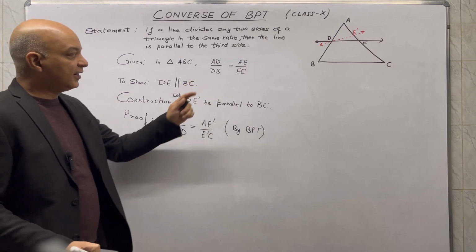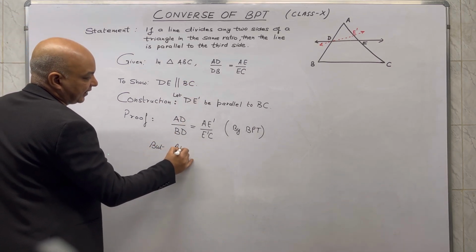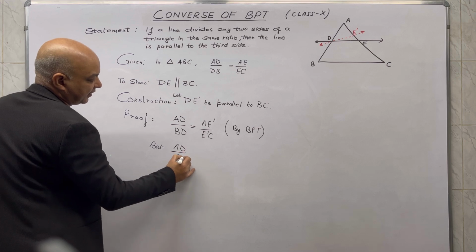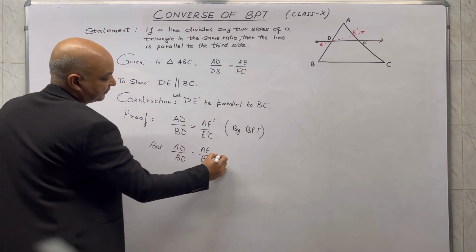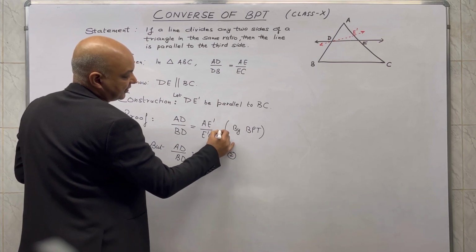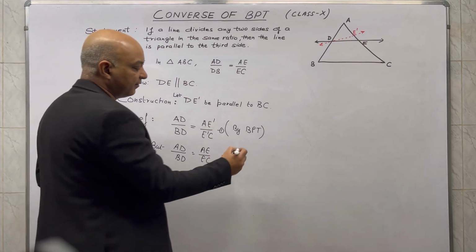But we are already given that AD by BD is equal to AE by EC. You can mark these as equation 1 and 2. So this is already given.